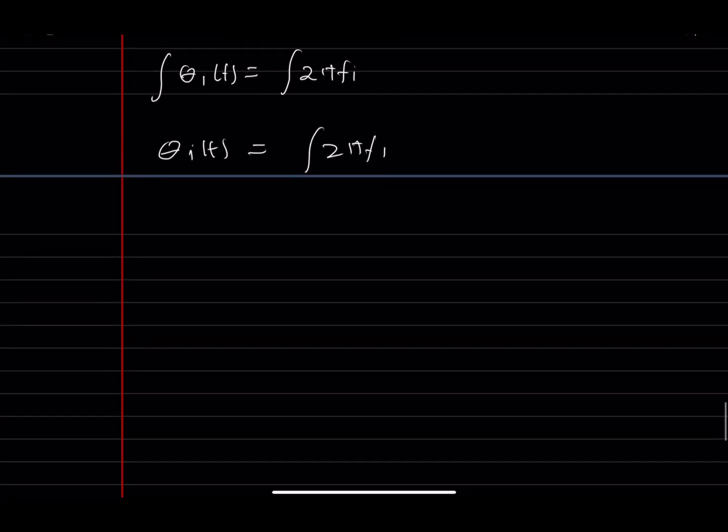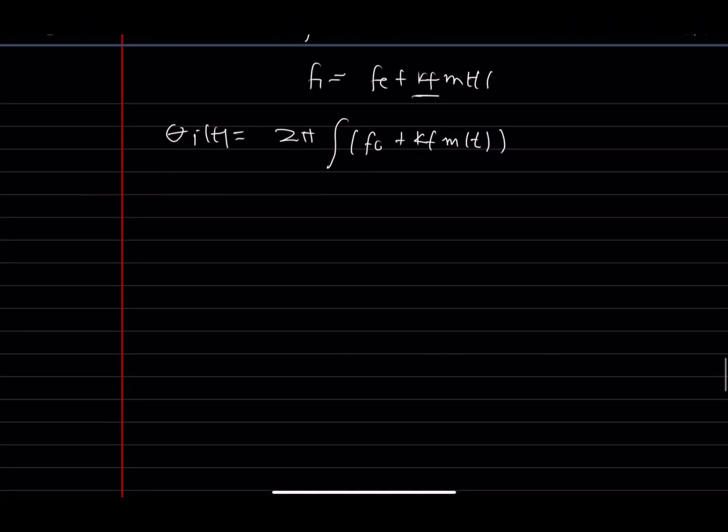And now we know that our fi is equal to fc plus kf m of t, where kf is the frequency sensitivity. Therefore, I can see that my theta i of t is equal to 2 pi times the integral of fc plus kf m of t.